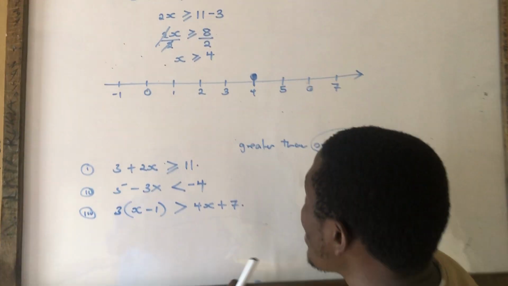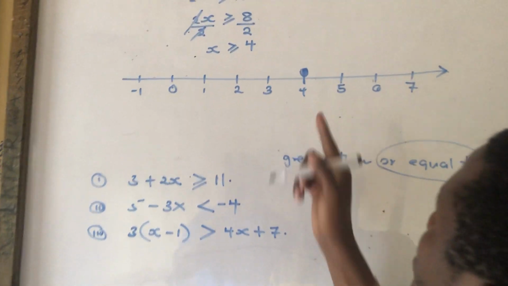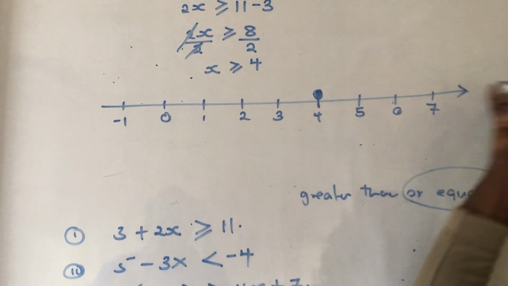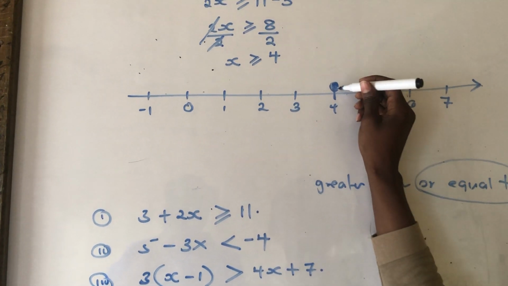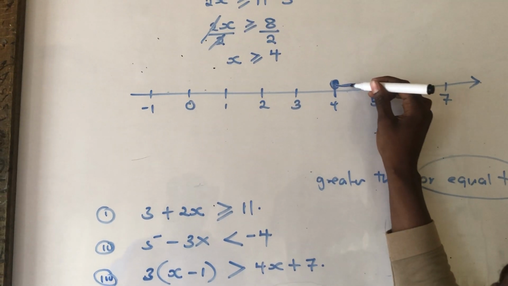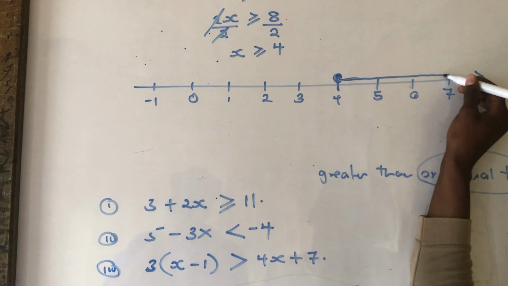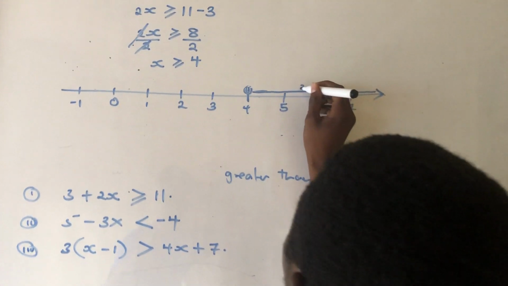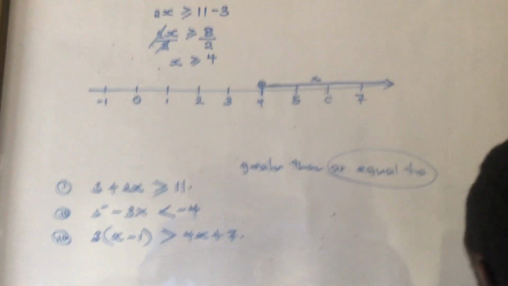So where are these numbers found? These numbers are found from 4 heading in this direction. So you'll indicate with a line that the possible values of x start from this dot as you move in this direction.